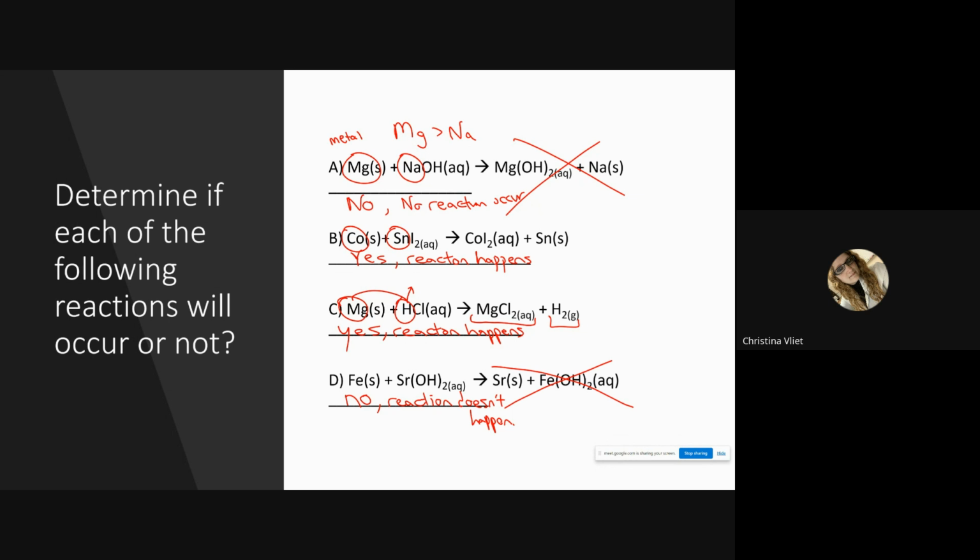All right, so you will be asked to predict whether or not the reaction happens. The second thing you're going to be asked to do is, if the reaction happens, you're going to have to complete it, balance it, and give the states of matter, like we did for the other three types of reactions. Now you can see why we are taking a whole class period just for the one type, whereas last class period we went over three types.